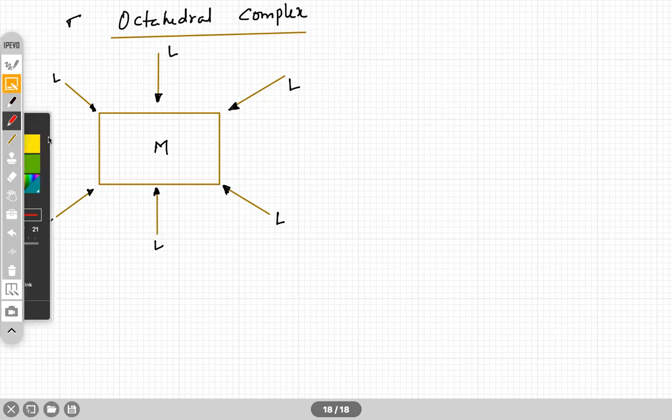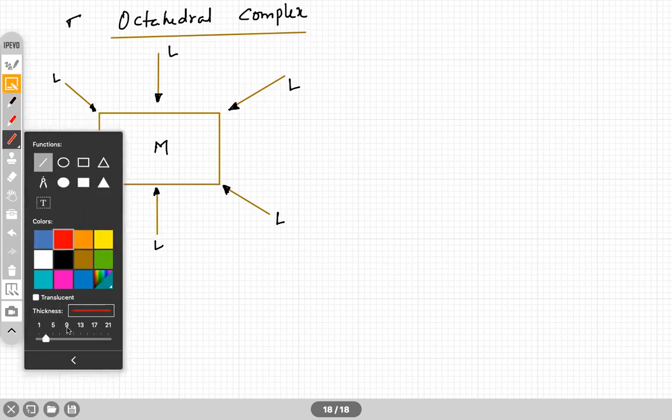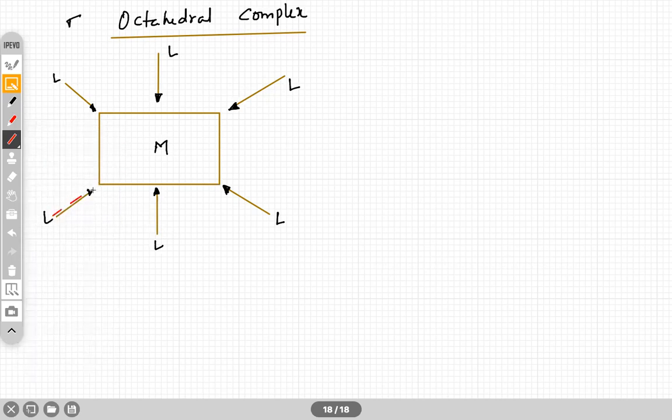So we can easily consider the axis along these lines because the angle is 90 degrees, like the x, y, and z axis.